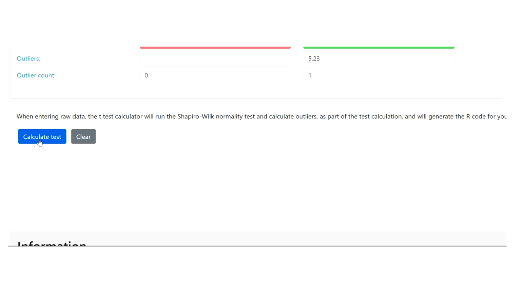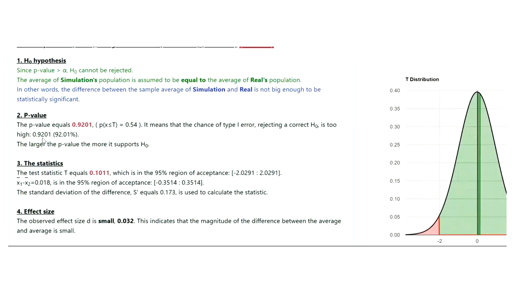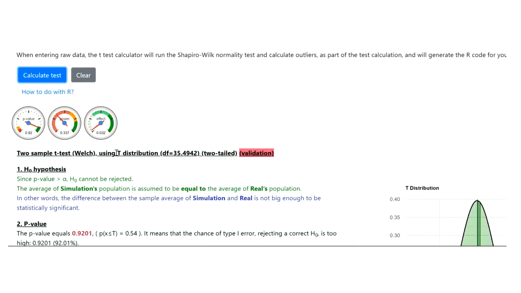Okay, maybe not so big, but still blue, calculate test. After pressing calculate test, we are receiving quite a lot of information, but again, please pay attention that we are going to concentrate our attention on the p-value.